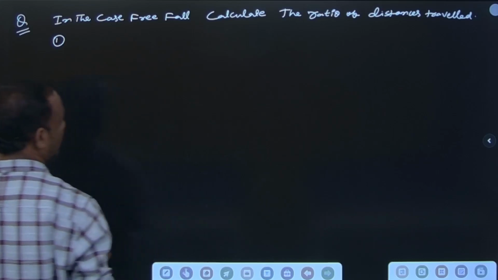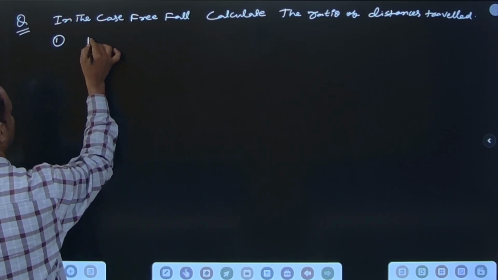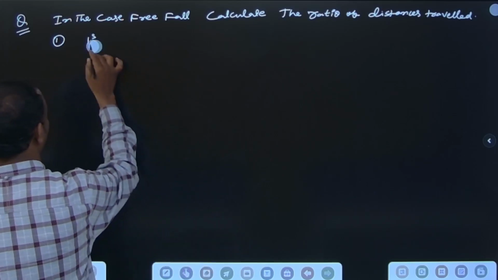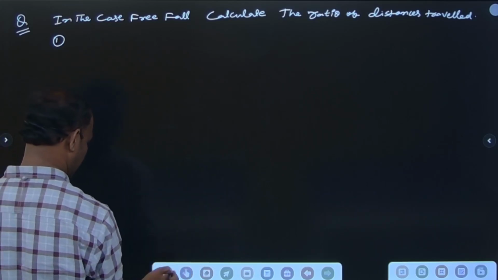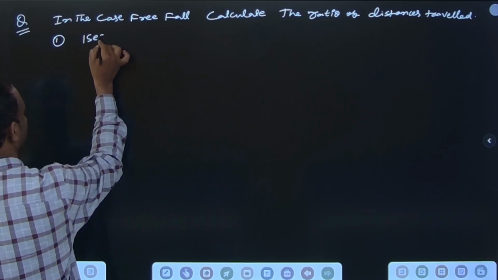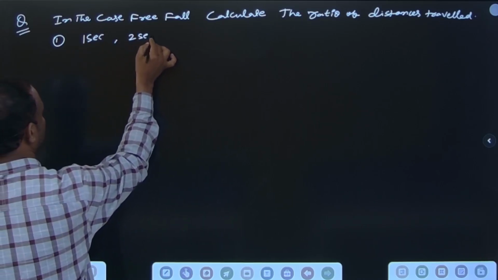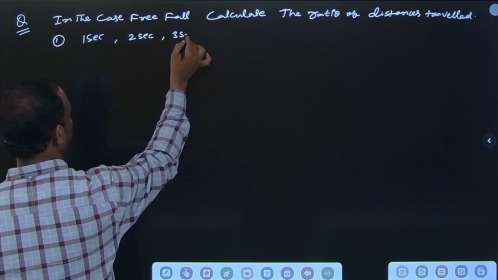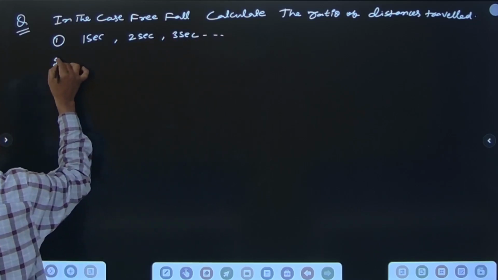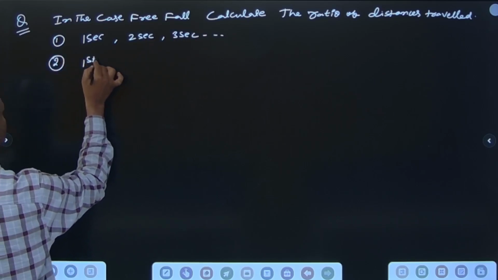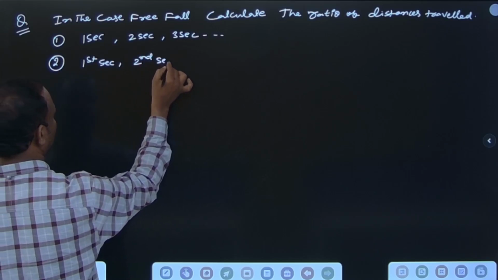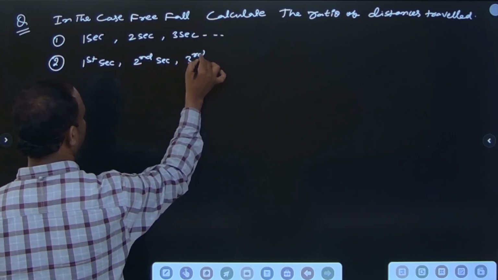The first one is about 1 second, 2 seconds, 3 seconds, and so on. This is my first question. The second one is the first second, second second, third second.